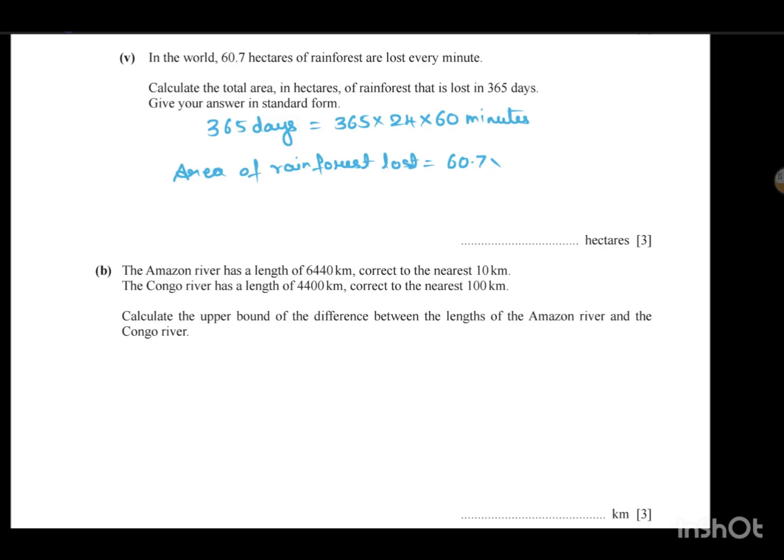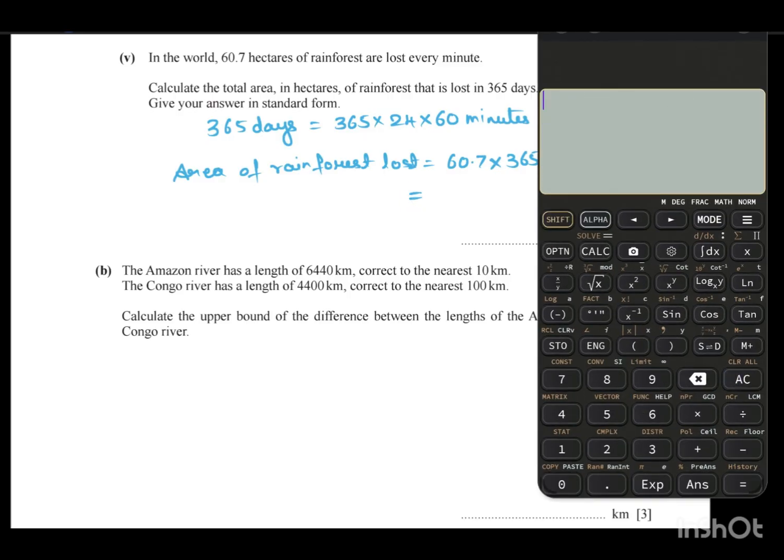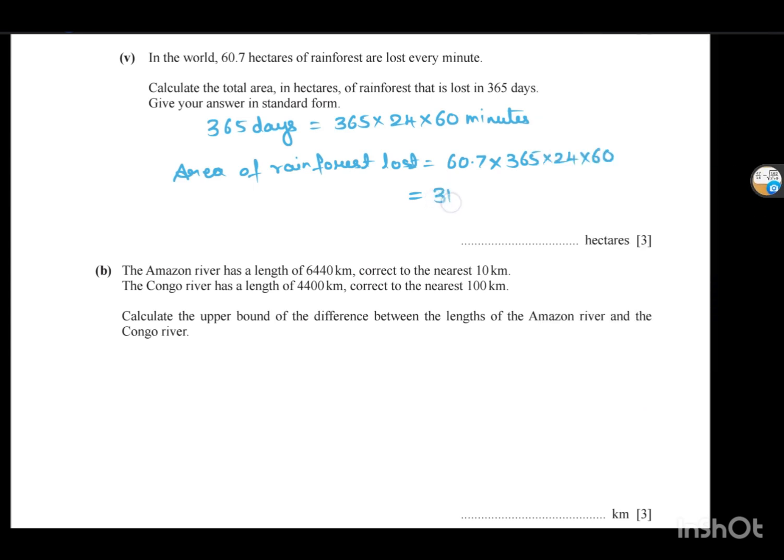So now we have these many minutes. I'm not calculating because we have to directly put in the calculator, and once and for all we can get the answer. This will save your time. So 6.7 into 365 into 24 into 60 is 31,903,920. 31,903,920 of rainforest is lost every year.